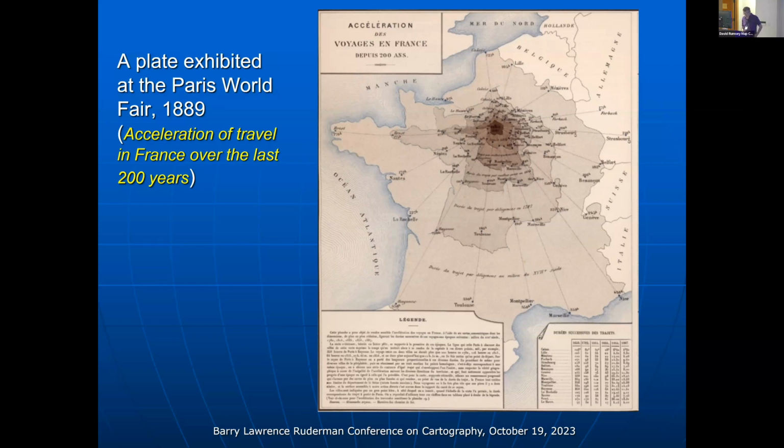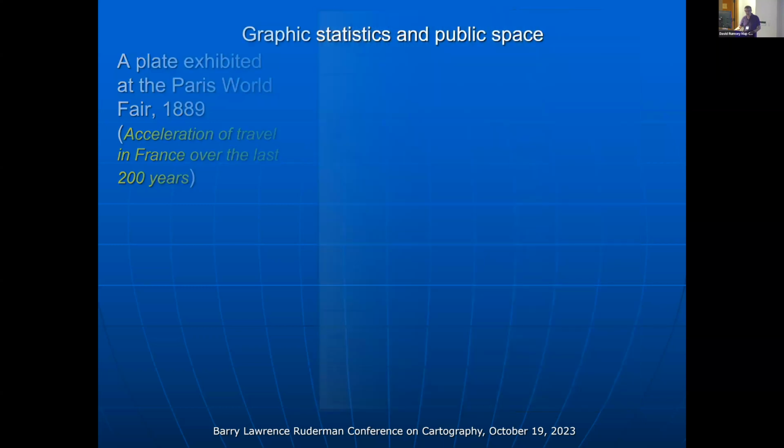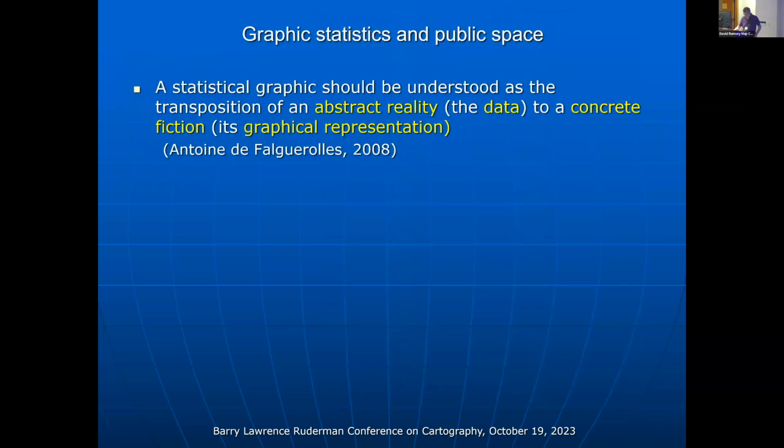For the public, the albums helped to objectify economic phenomena. The graphic method, as Falguerol wrote, transposes an abstract reality, the data, into a concrete fiction, its representation, making it easier to grasp.